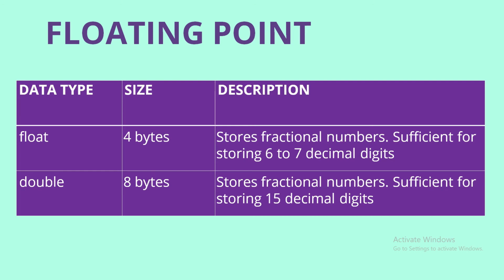Moreover, floating point data types always consist of decimal numbers or fractional numbers. 4 bytes of floating number can store up to 6 to 7 decimal digits, whereas double can store 8 bytes and fractional numbers can be stored up to 15 decimal digits.